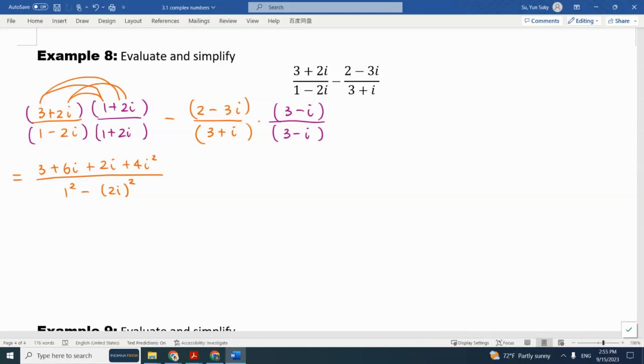Good. Let's distribute the top of the second fraction. 2 times 3, 6. 2 times minus i. Negative 3i times 3. Negative 3i times negative i. Yes. And then Maddie, how about the denominator? Yes.